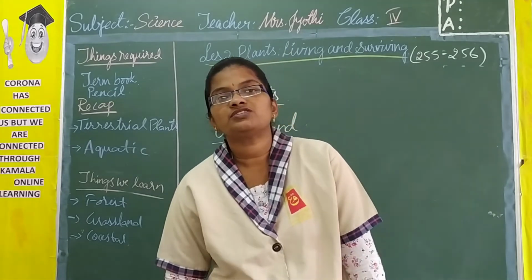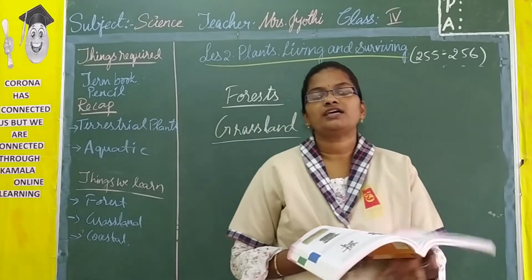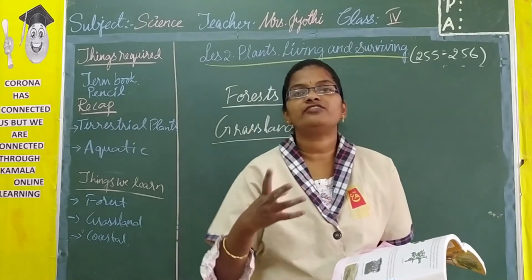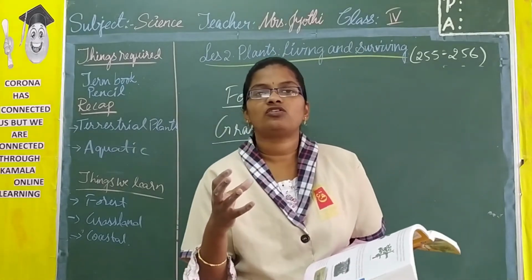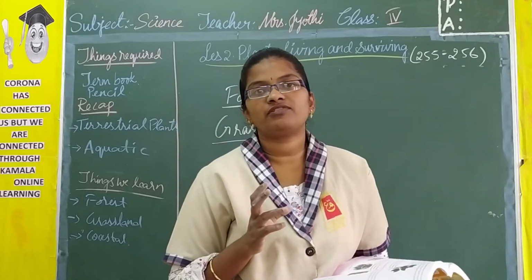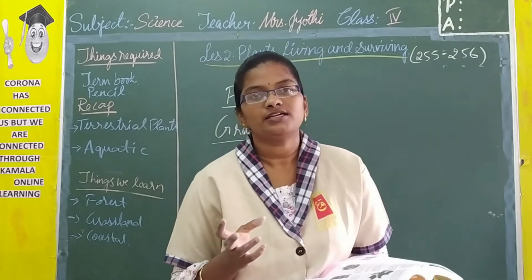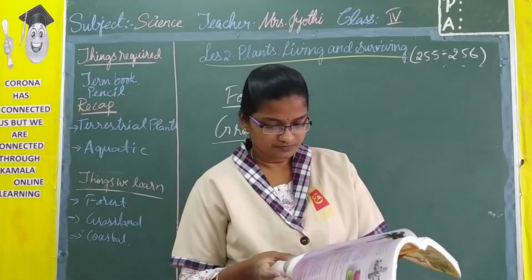Only in plains you can see grassland. And here, not only grass, you can even see some wild flowers which are not useful to us, not even for decoration. Such wild flowers you can also see in these areas.